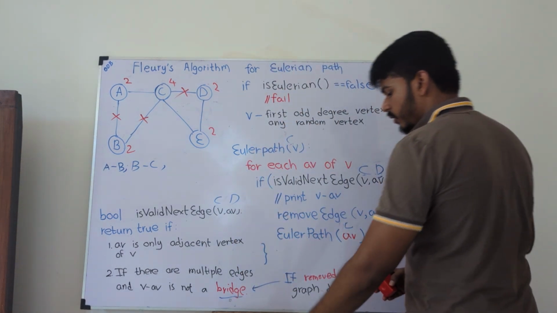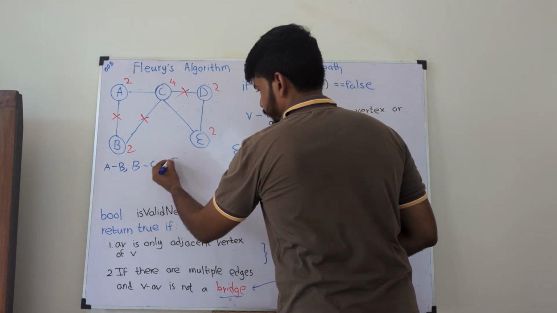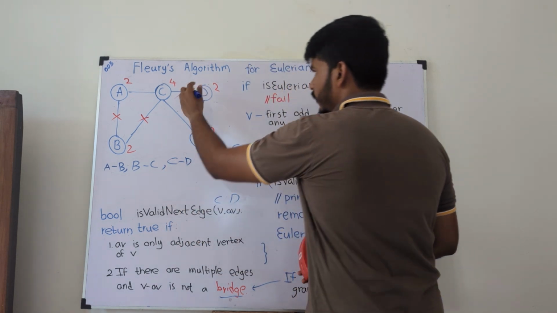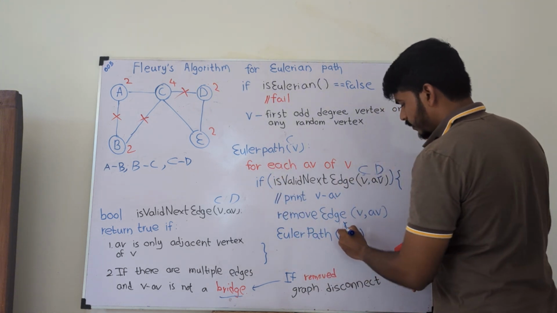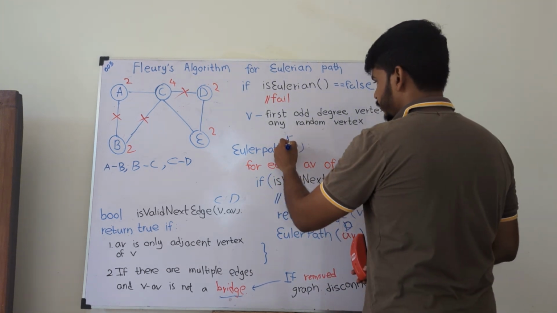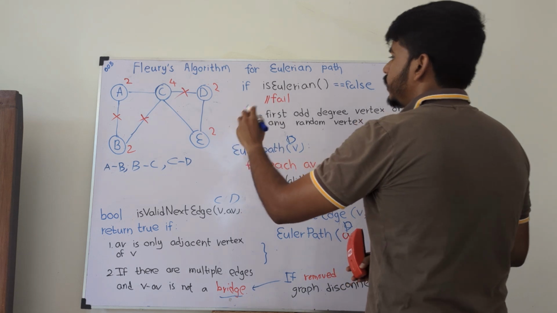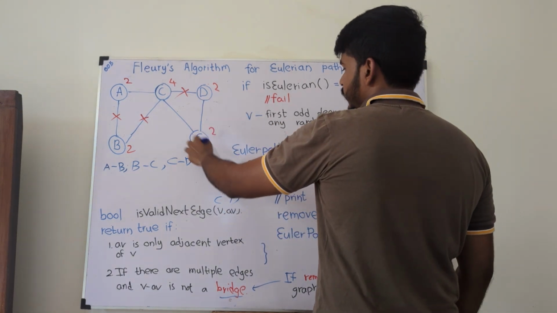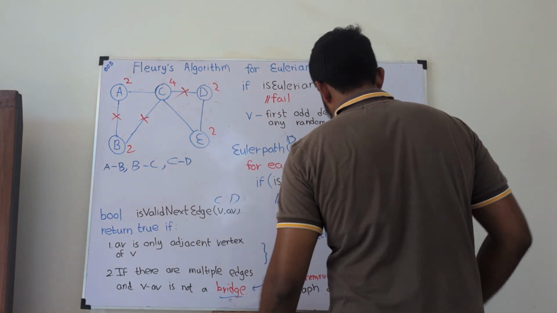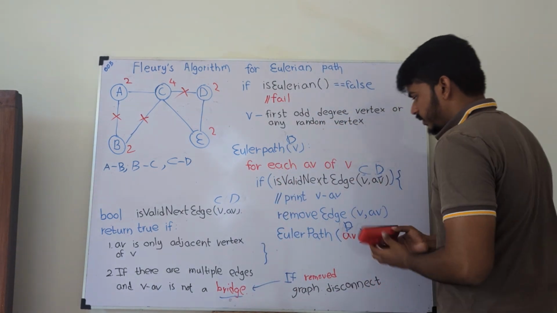So first we are going to print that edge C to D. We are going to remove it. Then we are going to take D as the next vertex. Then for each adjacent vertex of D, here E is the adjacent vertex of D. We are going to take it to this function.